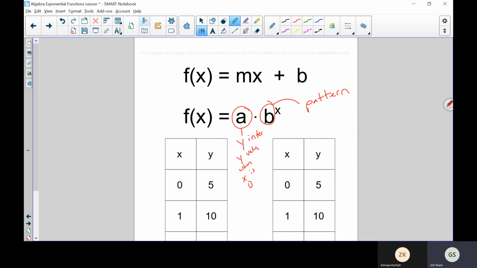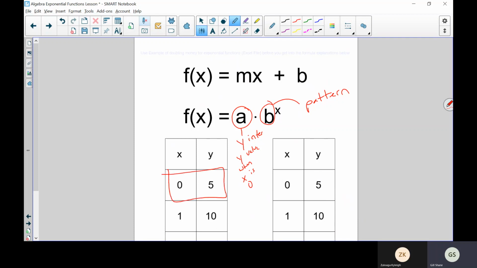So in order to create this, on the left table, the exponential table, what is the value of A? What is the y value when x is 0? Table on the left. It's right there.